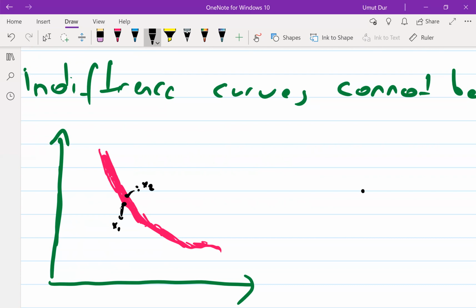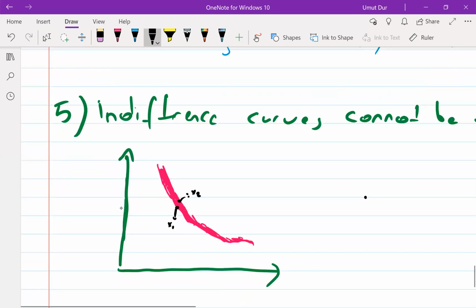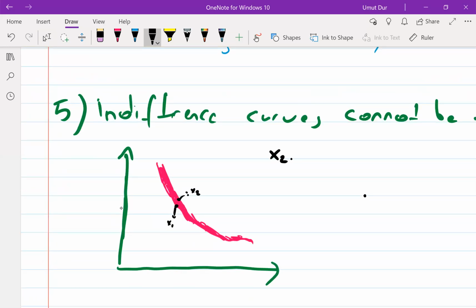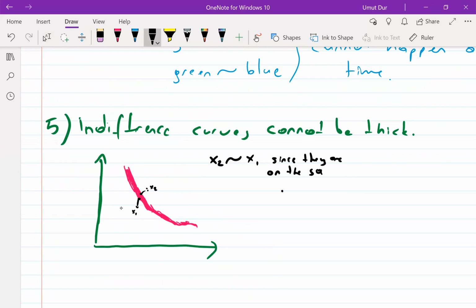When I magnify this indifference curve, since they are on the same indifference curve, x2 is indifferent with x1.